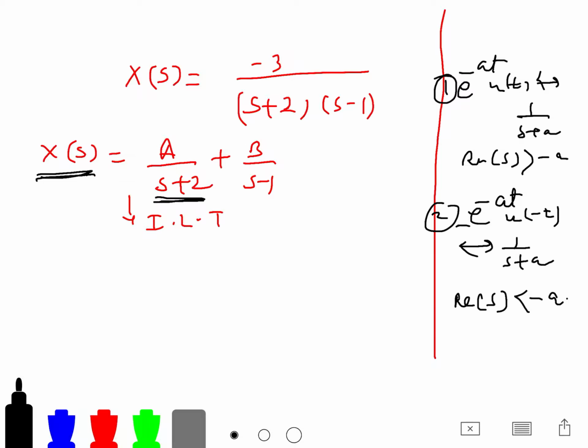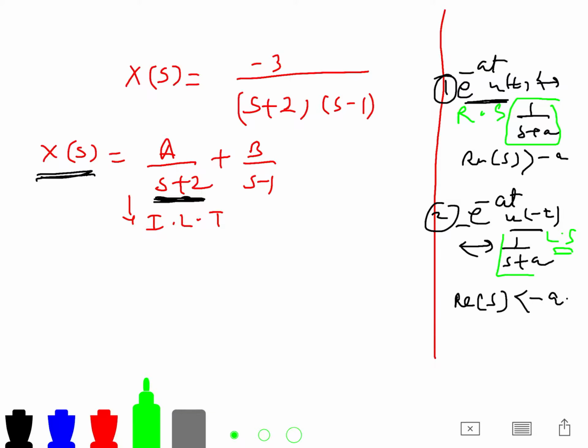Here you cannot decide whether this is left-sided or right-sided, because in one the u(t) function is multiplied, and in the other the u of minus t function is multiplied. So one is a right-sided sequence and the other is a left-sided sequence, right? For both the right-sided and left-sided sequence, the transform is the same, only the region of convergence is different.